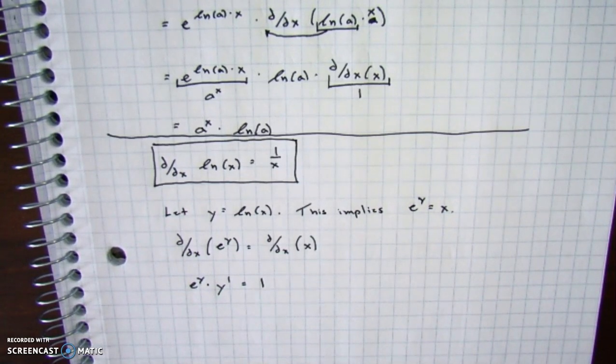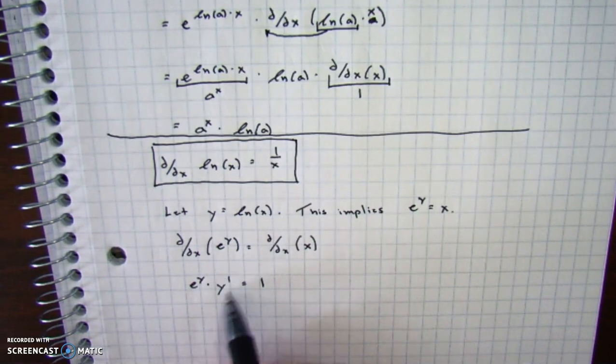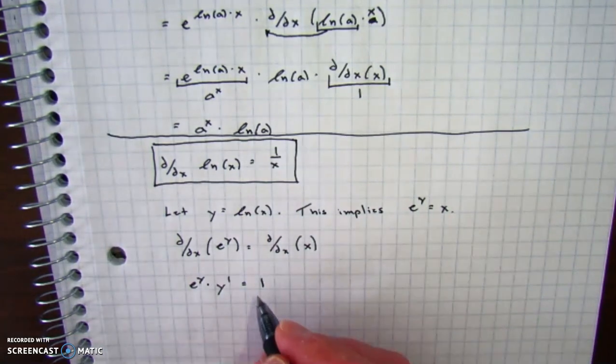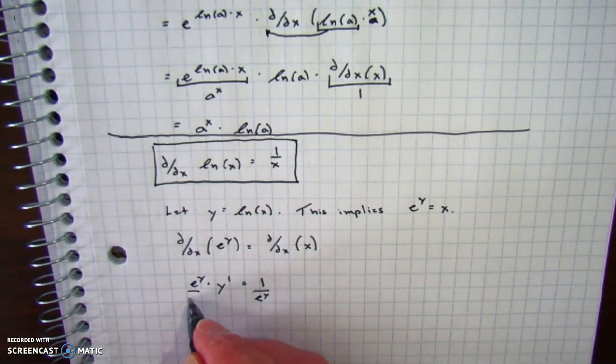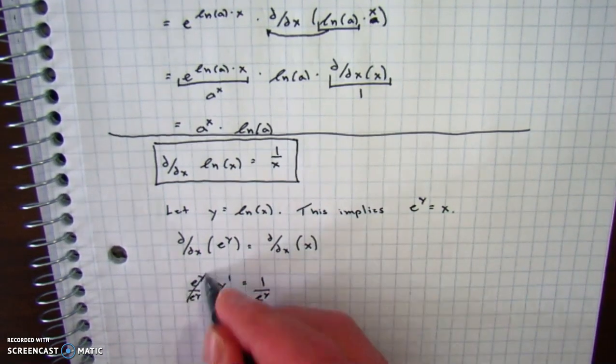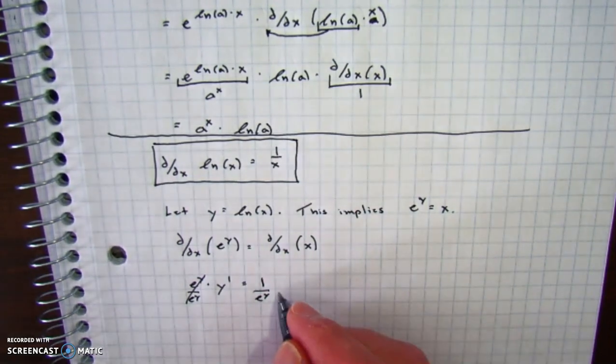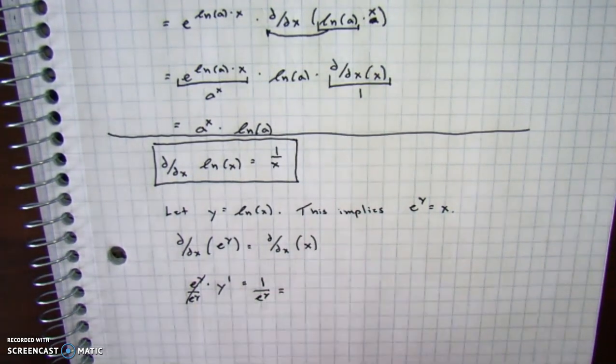All right, and just like with all other implicit differentiation techniques, now I just solve for y prime. I do that by dividing each side by e to the y, to get it out of there. One more step, I guess.